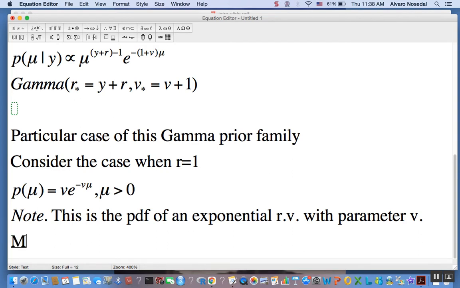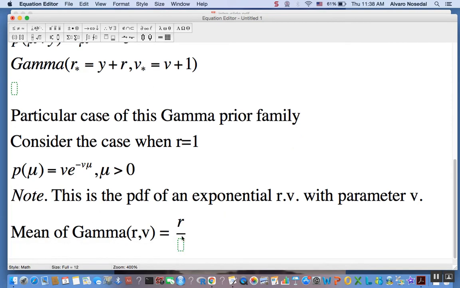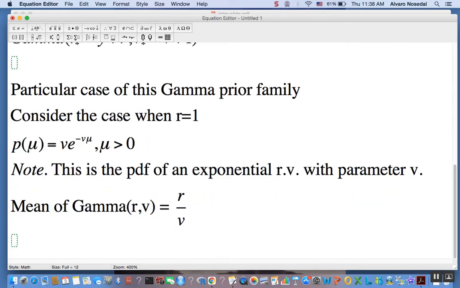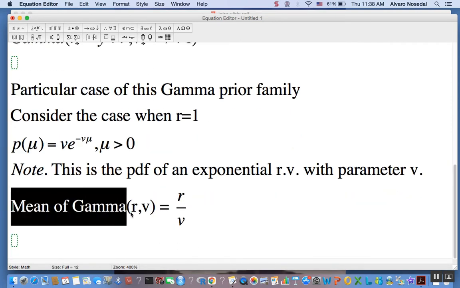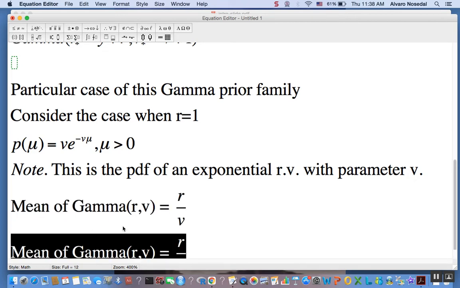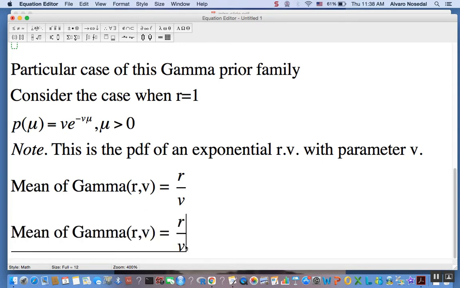So the mean of a gamma with parameters r and v happens to be r divided by v, and the variance of a gamma random variable with parameters r and v is going to be r divided by v squared.